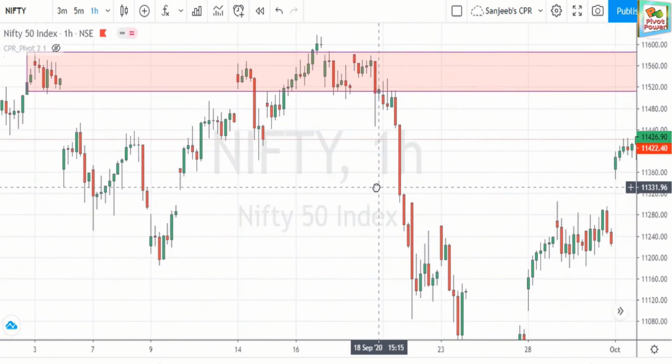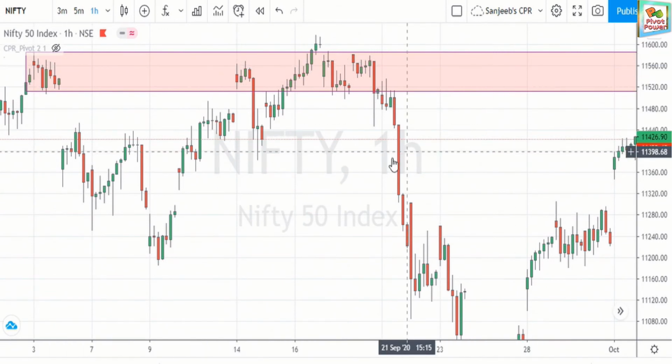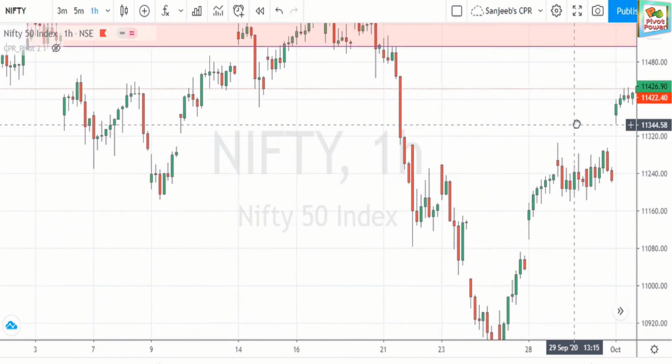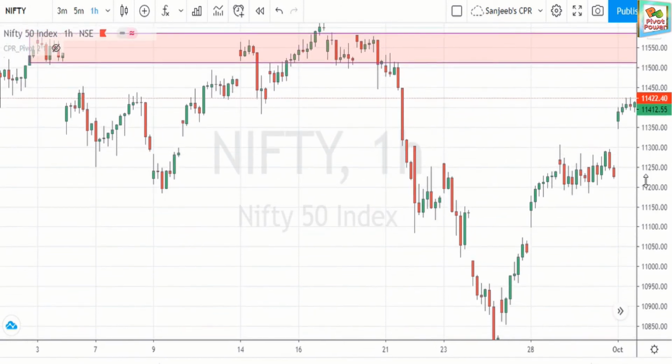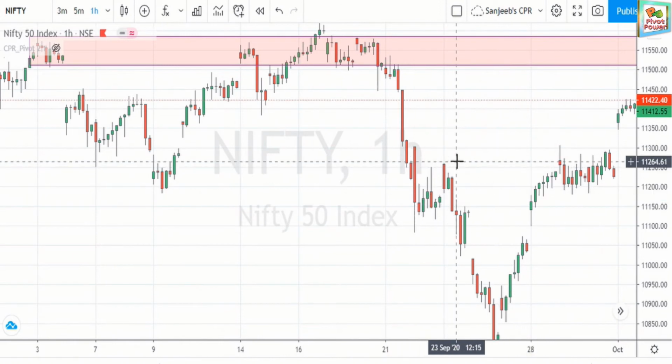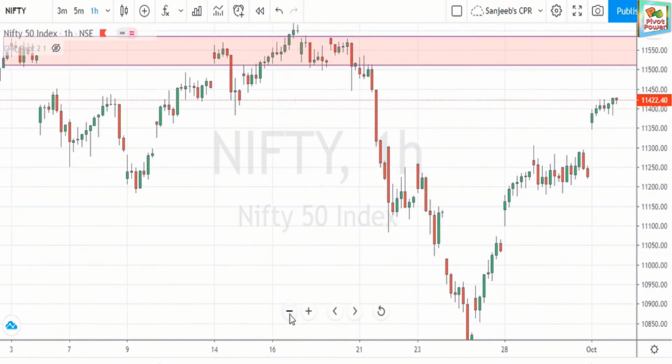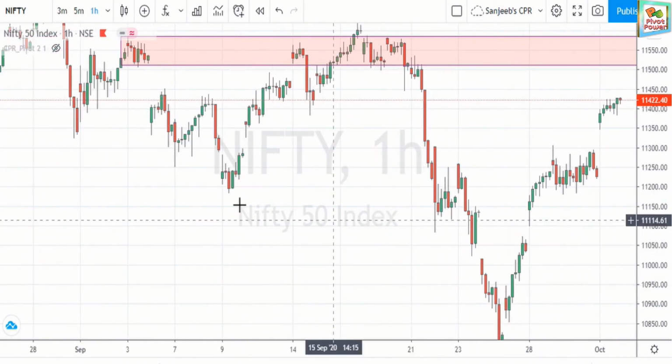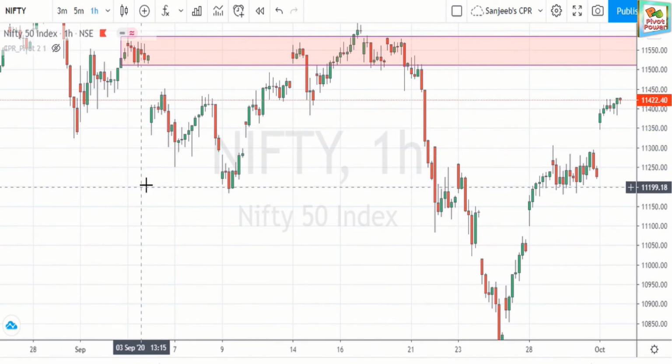This is all about the supply zone, and now we have to identify where the demand zone is. See in this chart, where is the demand zone? Please tell me, where will the demand zone be? The demand zone is here.